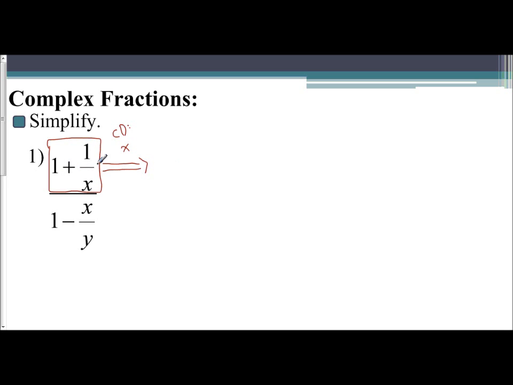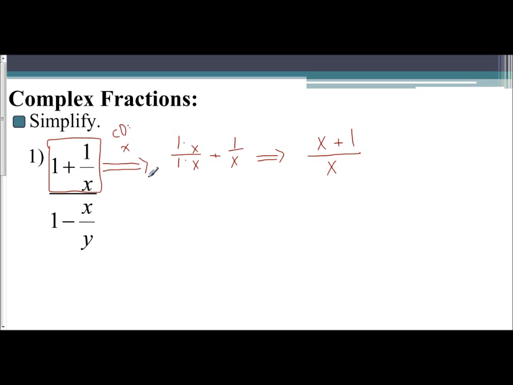I have a 1 on the top and a 1 on the bottom. I want x, so I'm going to multiply the top and bottom by x. The other one I have 1 over x, and I already have my x in the bottom. So 1 times x is just x, and I have x plus 1 over my common denominator of x itself.